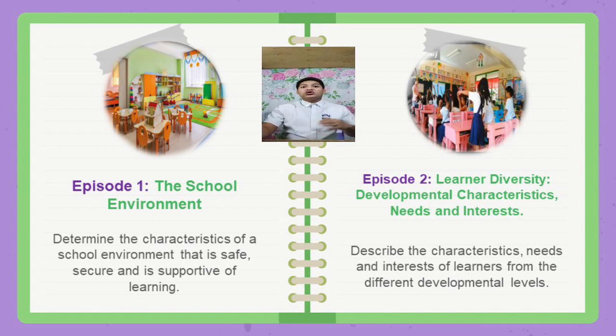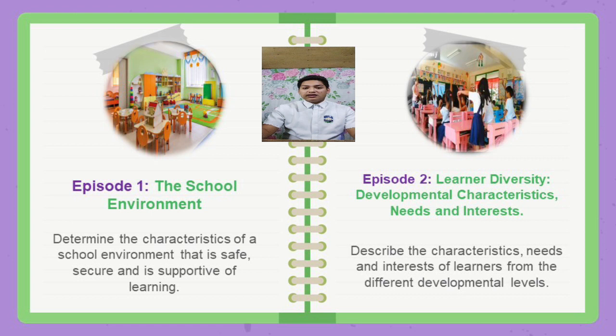So, you will be looking into the different characteristics of those learners and you will look at the similarities and differences in those characteristics, and you will try to reflect and analyze their own respective characteristics.